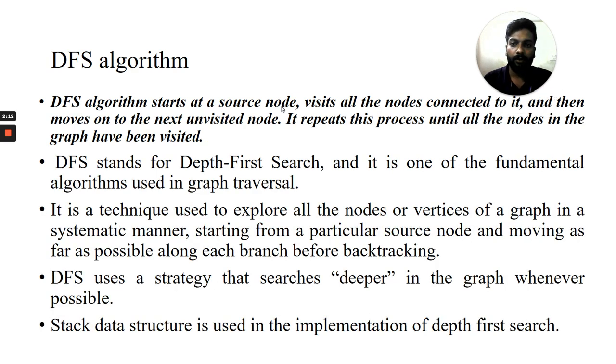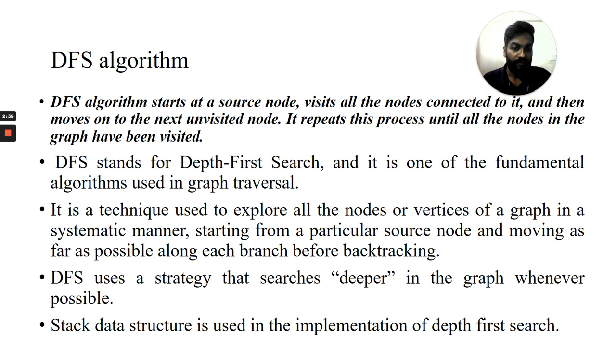The DFS algorithm starts at a source node. What is meant by source node? Each graph has a source node and a destination node, based on the application. We find one source node, and everybody knows the graph structure and tree structure: one node is connected to many neighbor or adjacency nodes.